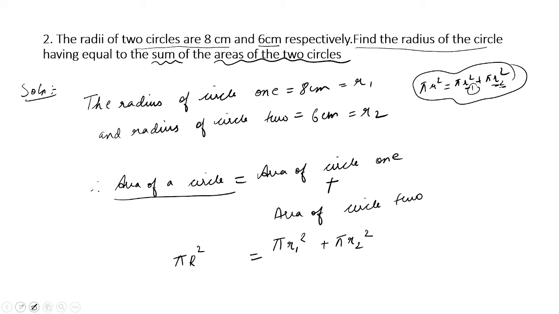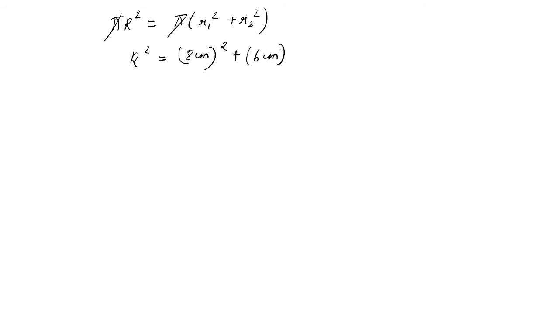Okay, so now you can take pi common from pi R square, you're left with r1 square plus r2 square. So you cancel out pi and pi, so R square. Now r1 square is the same thing as 8 centimeter the whole thing square, and r2 is equal to 6 centimeter the whole thing square.